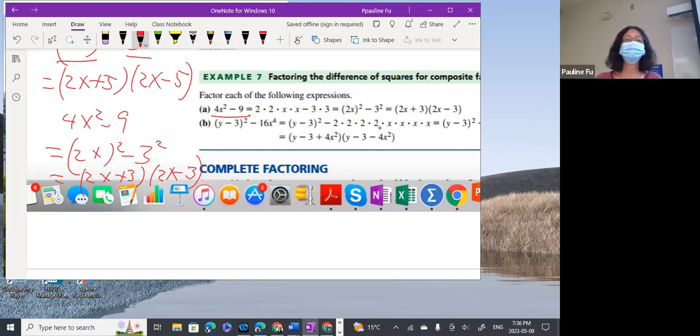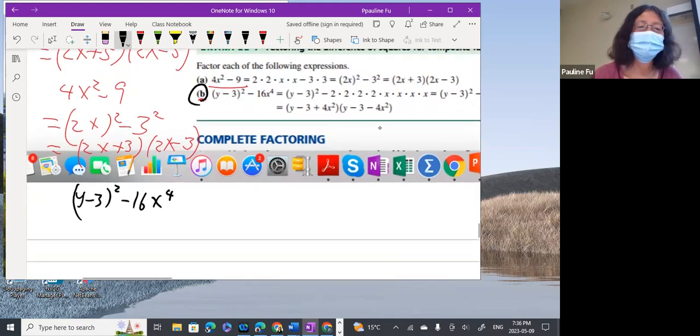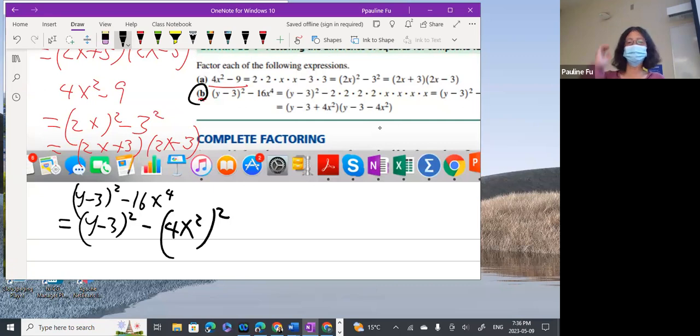Questions? Okay, question B. I'll copy it down. y to the fourth minus 3 squared. We are doing B. 16x to the fourth. So you want to produce u squared minus v squared. This is u squared, this is already u squared. So for the second item, you write down (4x) squared. So this is v squared.